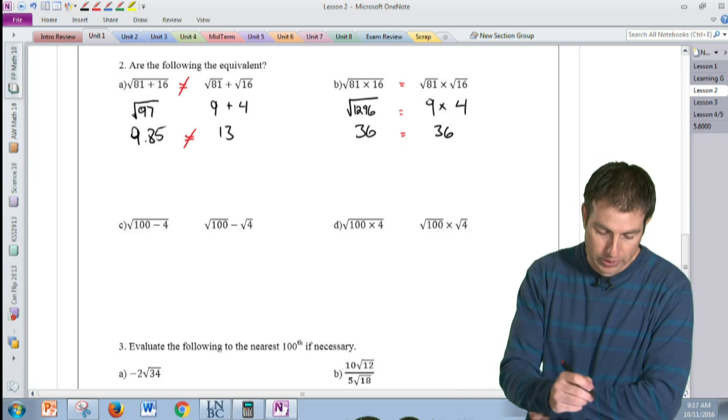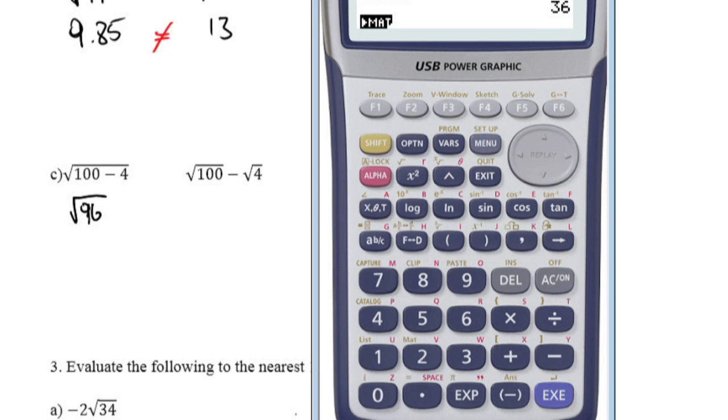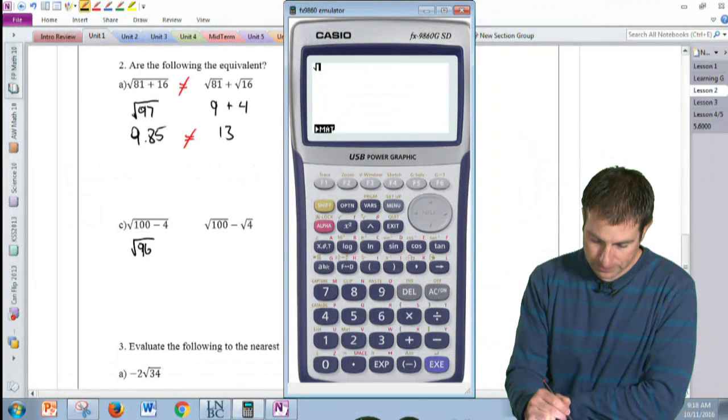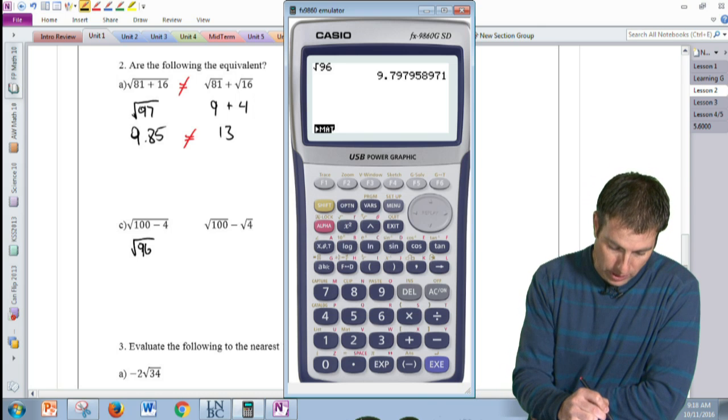100 minus 4. It's going to give us the square root of 96. I don't know what that is. 9.79, we'll just call it 9.8.